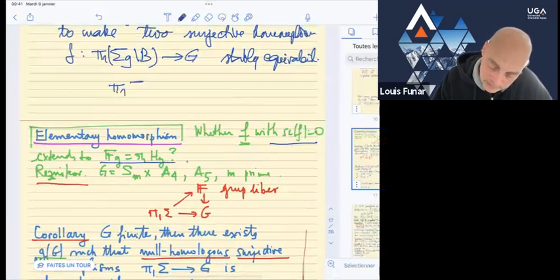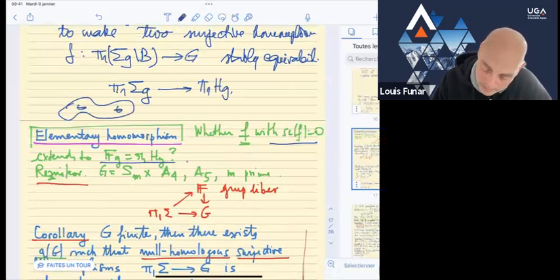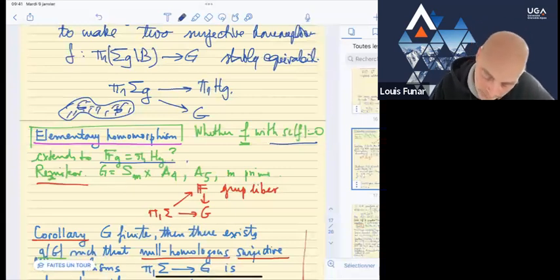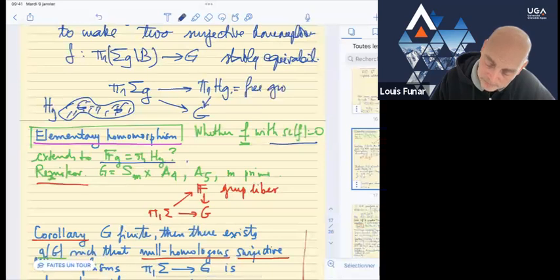Because if I'm taking the handlebody HG, obtained by gluing handles over the surface, so this is HG of genus G, then of course maps which are factoring through a free group have Schur invariant 0.